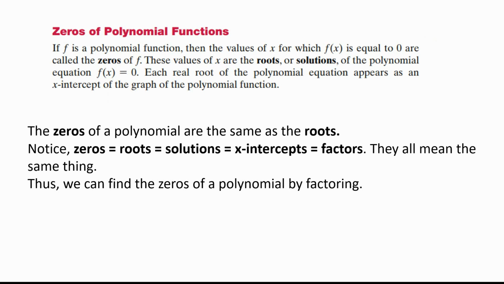And if you're from South Alabama, it's root, right? Which is what I say. Or it's the factor. If I factor something, I get those linear factors. If I get x minus 4, it means that x equal to 4 is the x-intercept or the zero.